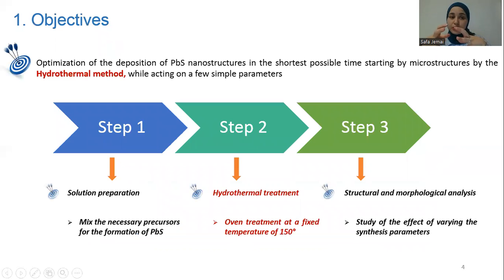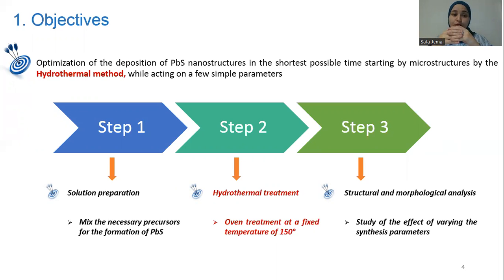The aim of this work was the optimization of the deposition of PbS nanostructures in the shortest possible time, starting with microstructures by the hydrothermal method, while just acting on a few simple parameters. The study revolves around three principal steps.